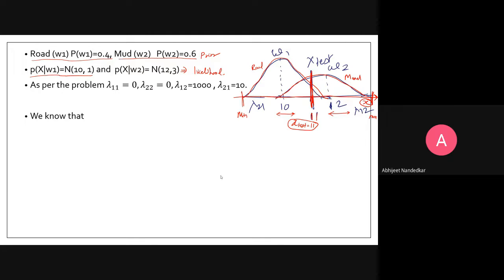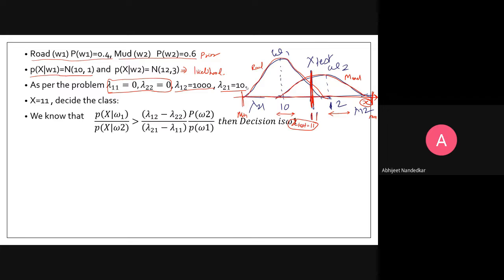As per our earlier discussion, lambda 11 is equal to lambda 22, equal to 0. This is given to us. Lambda 12 is 1000 and lambda 21 is 10. Now if x is equal to 11, decide the class.